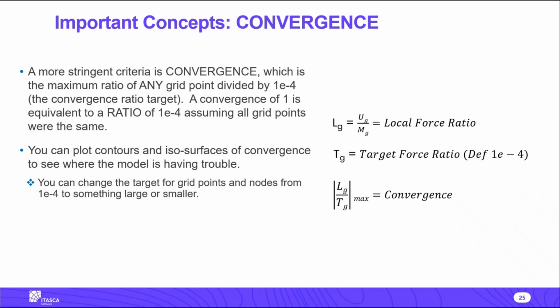It looks at the ratio of unbalanced forces on any grid point, so it does it grid point by grid point instead of in a global sense. And so instead of specifying this ratio of like 1e minus 5 or 1e minus 4 or whatever, you just specify a convergence criteria of 1, which basically means that all the grid points are below the necessary unbalanced force.